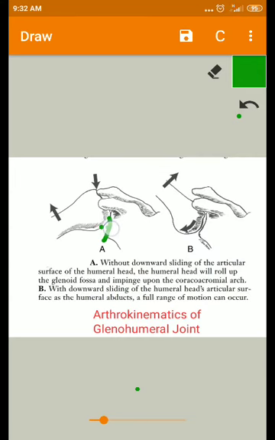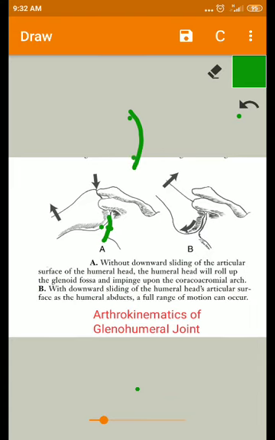Because of this incongruence, the rotations of the joint around its three axes do not occur as a pure spin, but with changing centers of rotation and shifting contact patterns within the joint.